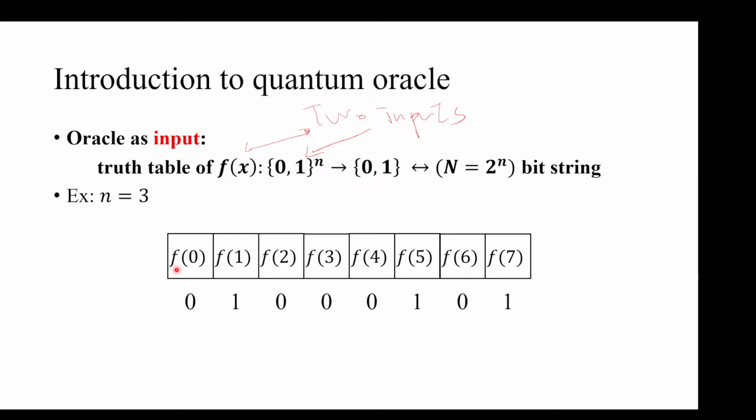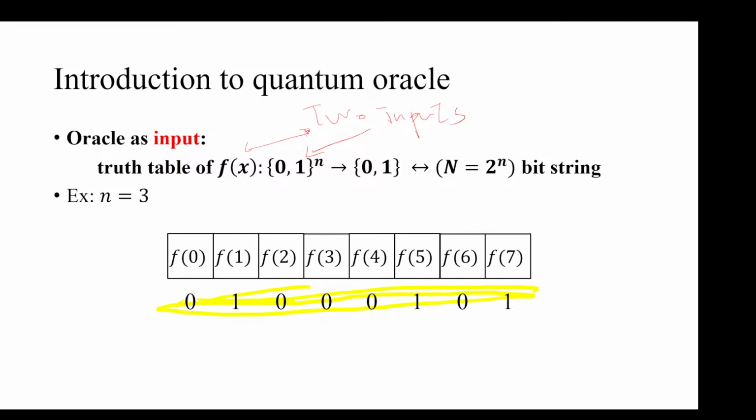Those values are the 8 different outputs of f of x on 8 different inputs, and they can be arbitrary bits. So sometimes we'll think of this string as the input to our problem. The string of the whole truth table of f is our input to the problem.